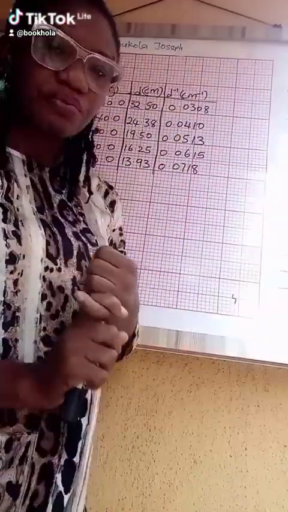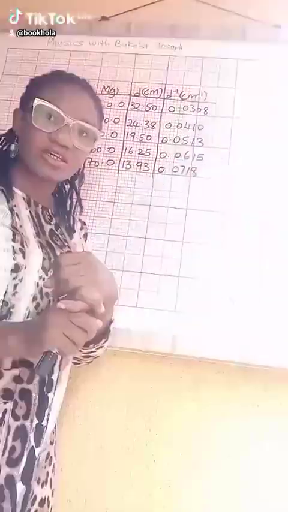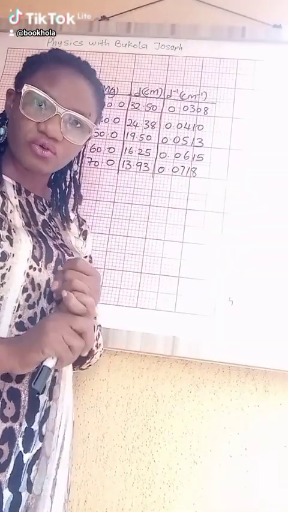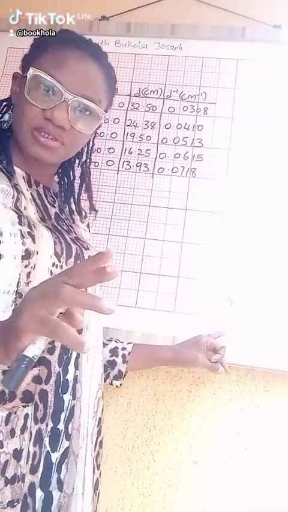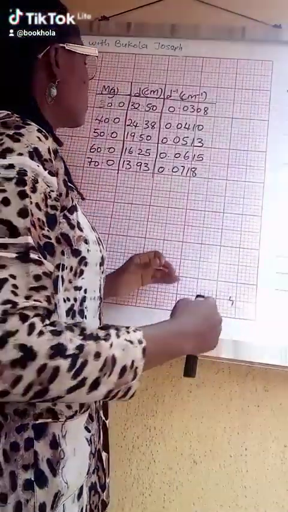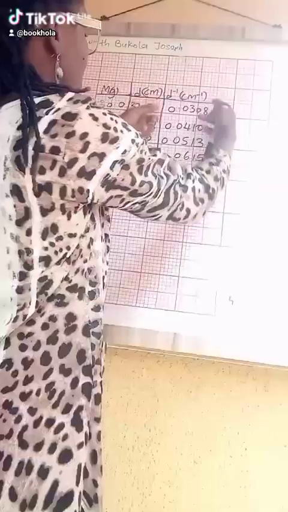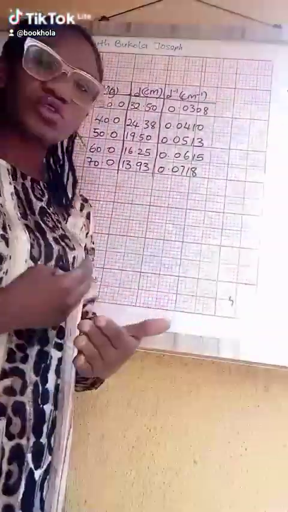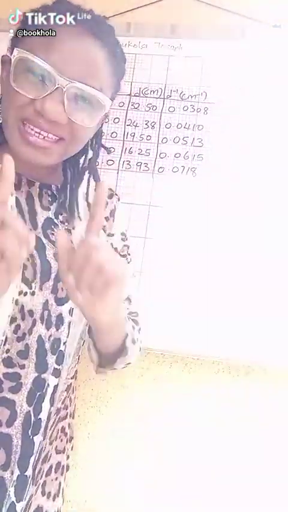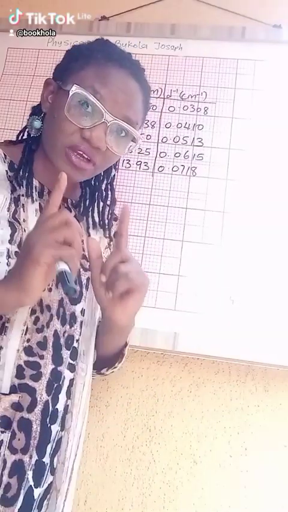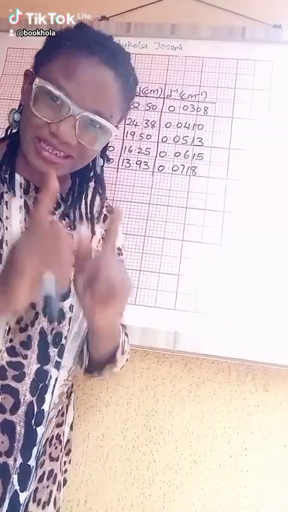Now in physics practical, you are expected to put your readings, whatever reading you have, in two decimal places. If you do an evaluation, like what you have here, it should be in three significant figures or four decimal places.